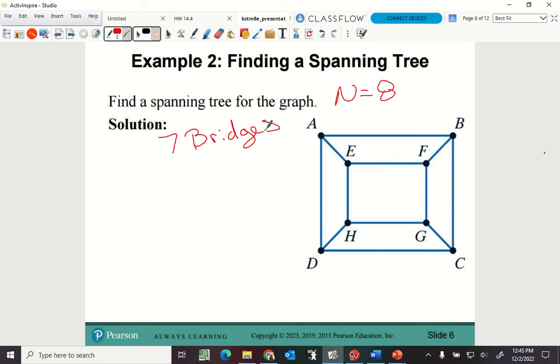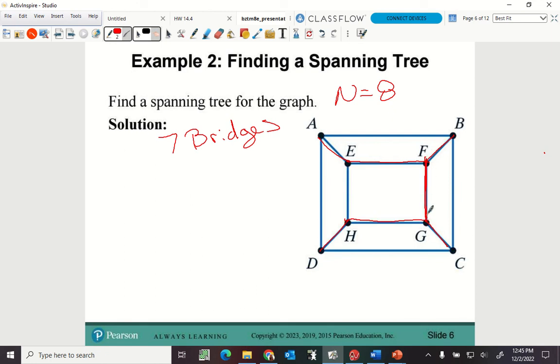So 7. I'm going to go through and start connecting them. That's going to be 1, 2. Got to make sure I don't have any circuits. 3, 4, 5, 6, and 7.